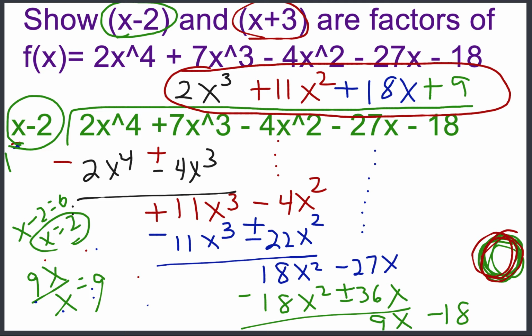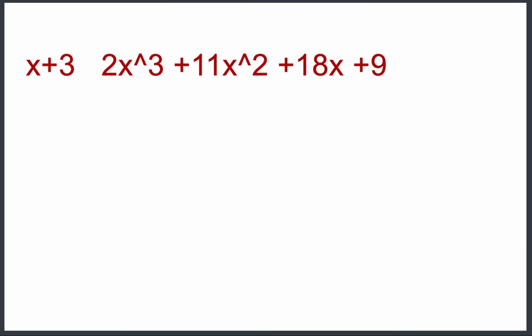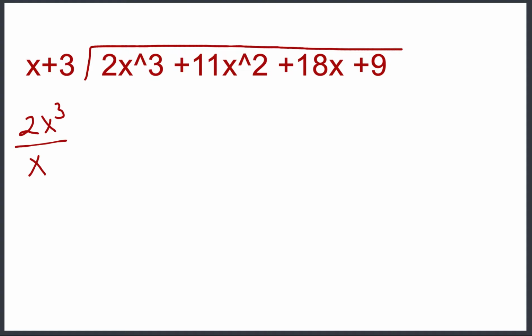I'm going to use the reduced polynomial. And this is what it would look like, and let's put a division sign on that thing. And let's divide it. Lead term is 2x cubed from the dividend divided by the x of the divisor, and I get 2x squared, and guess where that goes? In the x squared column.